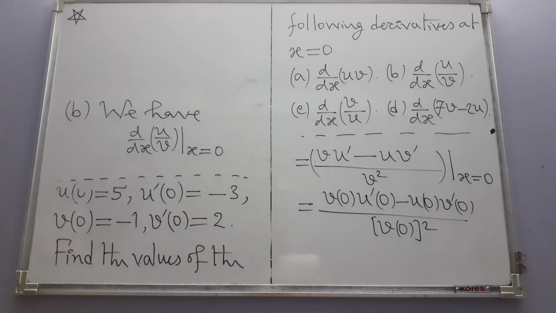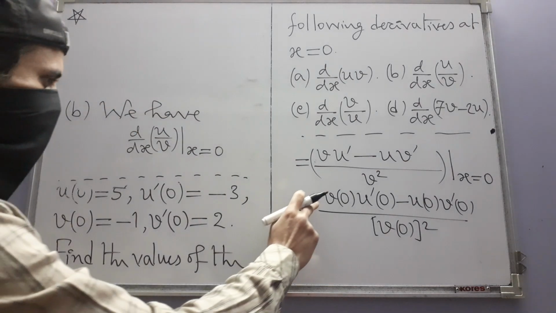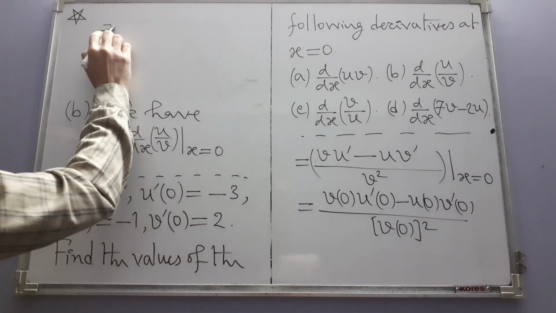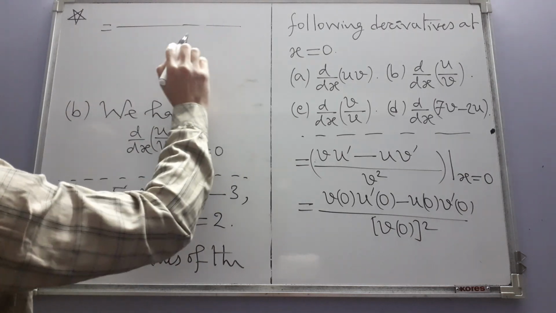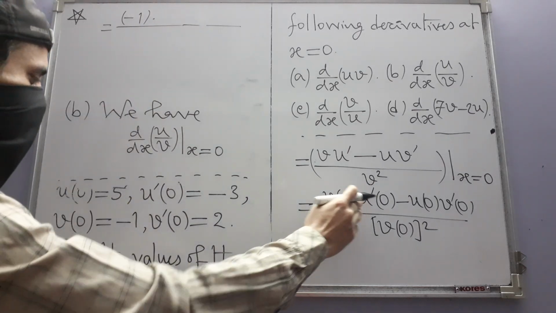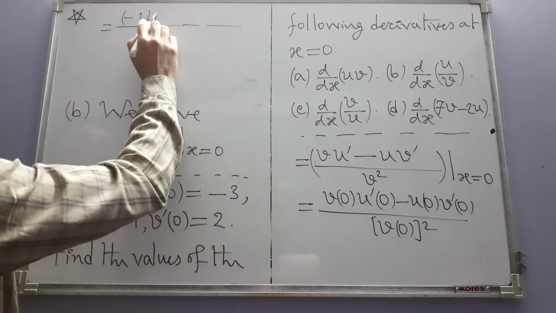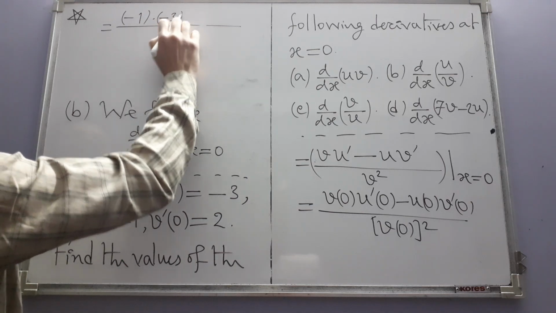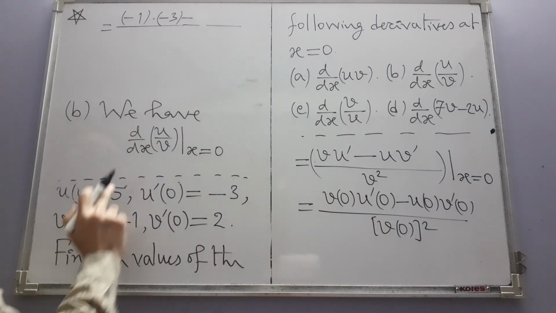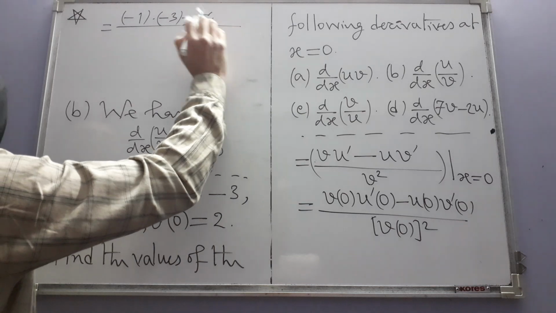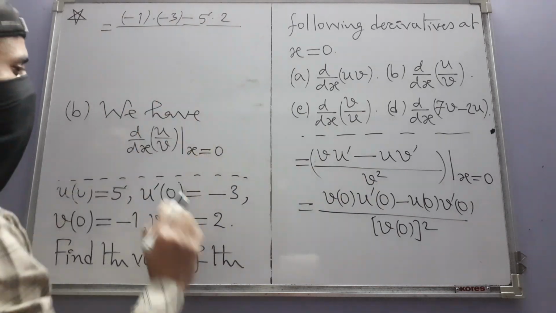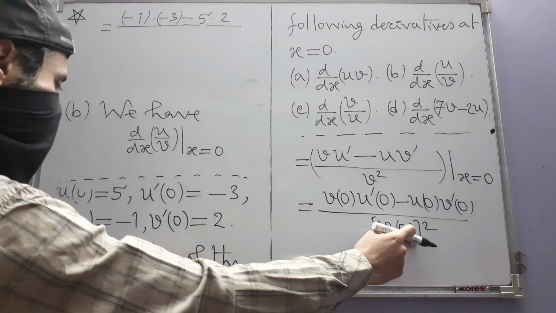So now if we substitute the values, what is v of 0? Minus 1. Minus 1 times u prime of 0 is minus 3 minus u of 0 is 5 times v prime of 0 is 2 divided by v of 0 whole square.